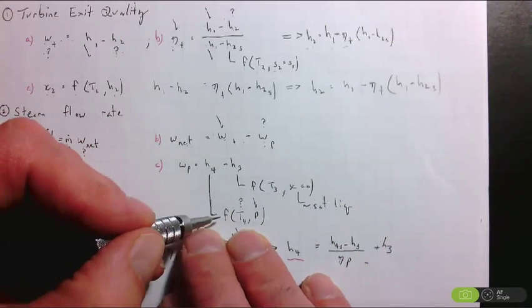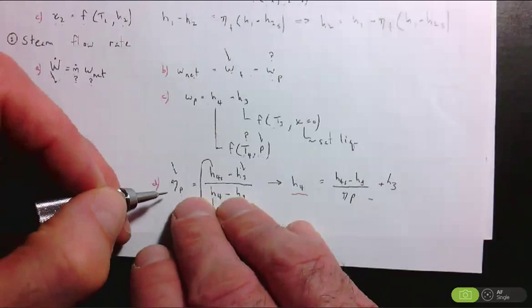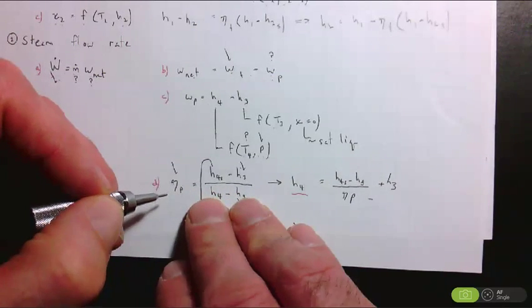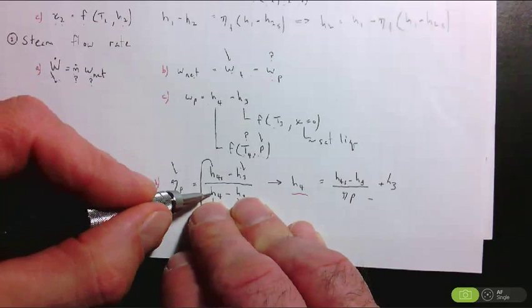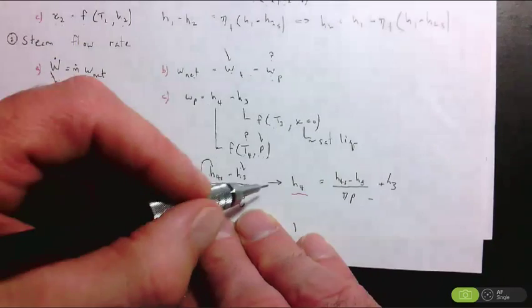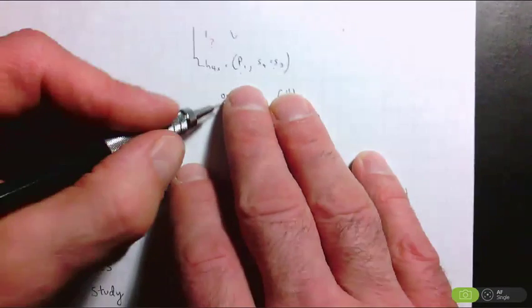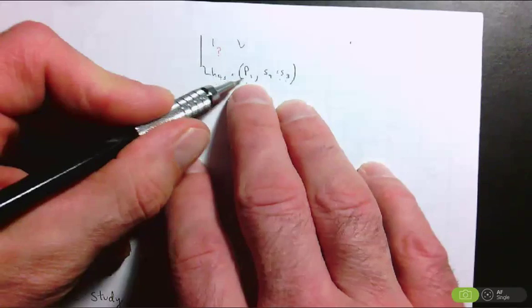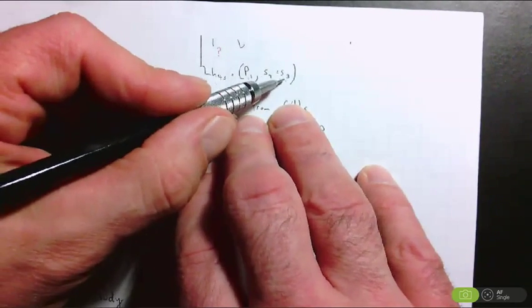H4 will be a function of T4 and P, and we still have not used the isentropic efficiency of the pump. To get H4, we can use this relationship. Notice that the isentropic values are now in the numerator. We can obviously solve for H4, and H4S is calculated from a function of P1 and S4 equal to S3.